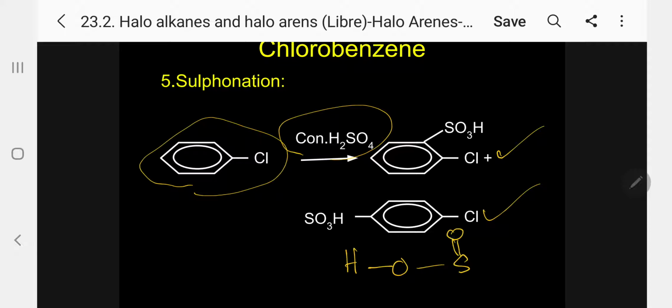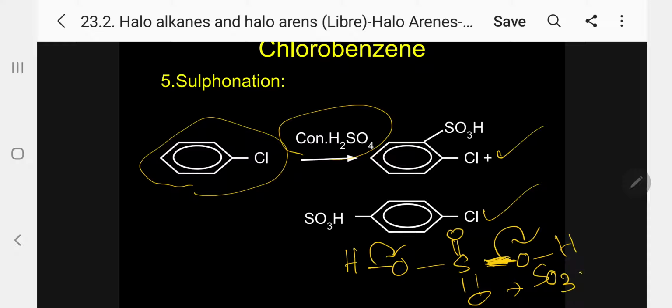This is sulfuric acid. So what will happen now? This is going like this, kindly follow. This is a single bond. So OH. So H and OH become water. We are getting a neutral SO3 plus OH, the water molecule is formed.